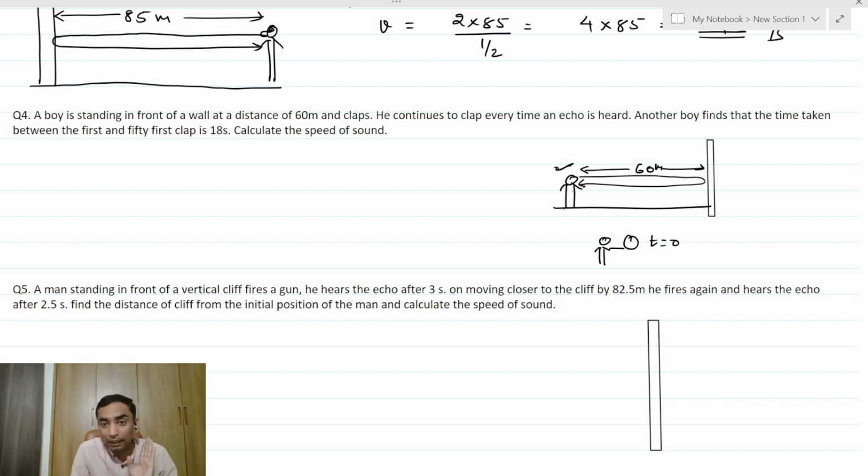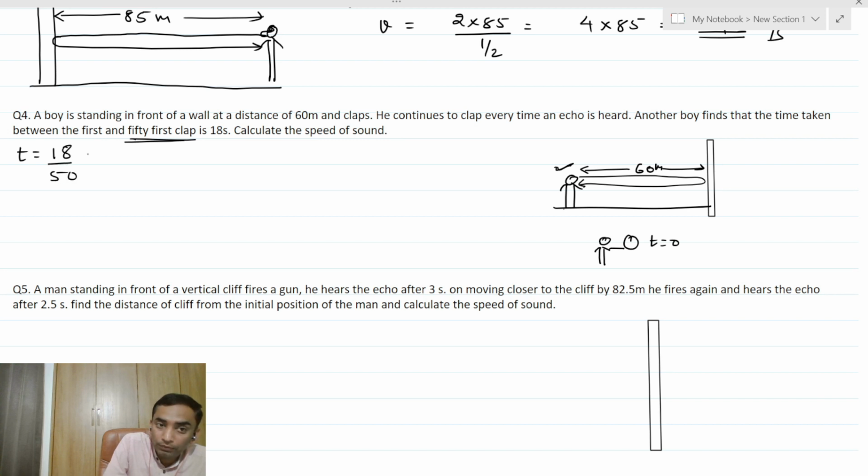So he is clapping 50 times, first 50 claps in 18 seconds. So the total time is 18 seconds, and that too for 50 claps. So the time for one clap would be equal to 18 divided by 50 seconds.